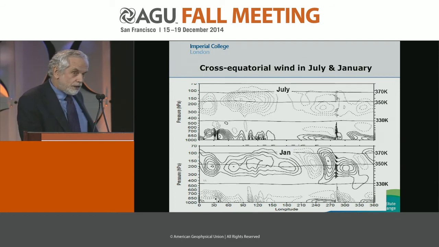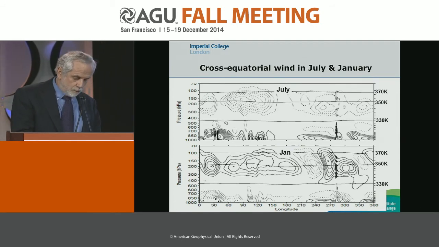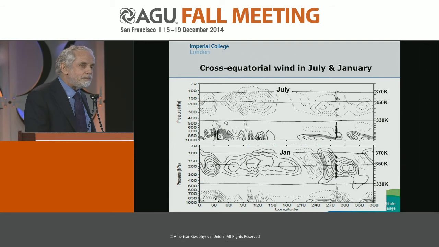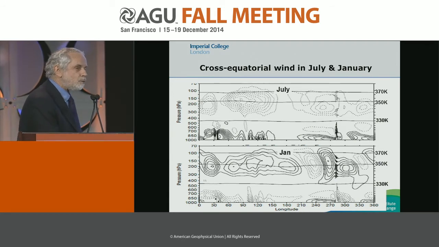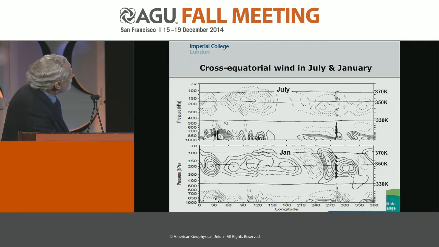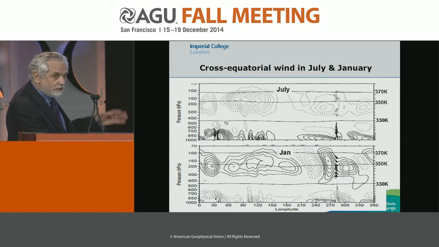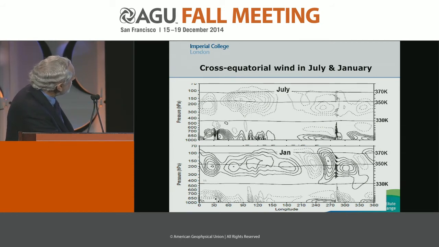But now, June, July, August were complicated, but if you're still with me, it gets worse. So this is now January, and do we just see the opposite in January of what we saw in July? Well, to a certain extent that's true, so let's concentrate on the bits that are easy to start with. If you look at low levels in the Indian Ocean, you just see the reverse here.